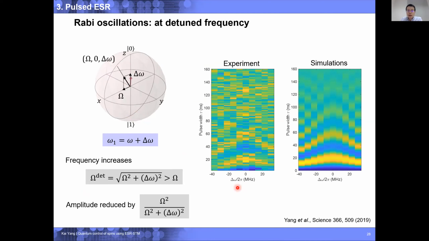And so here is experimental data. Although the signal-to-noise ratio is not very good, you can still see that as we detune more from the resonant conditions, the Rabi frequency increases correspondingly. And on the right-hand side are the simulations, and they agree very well.